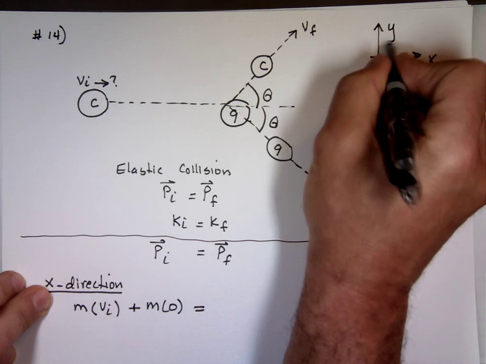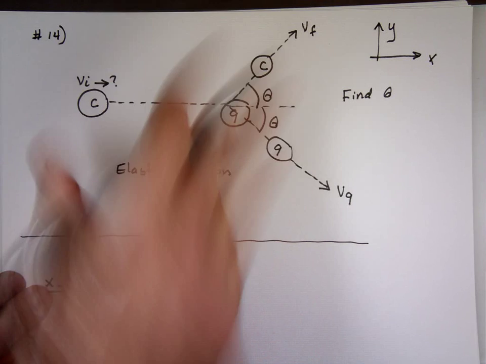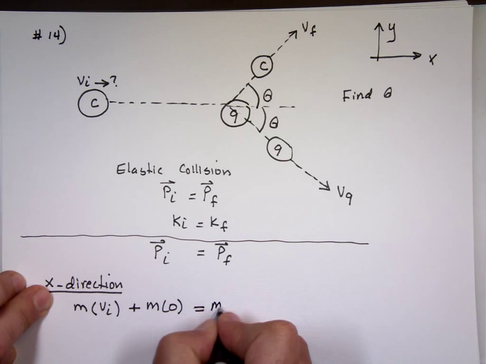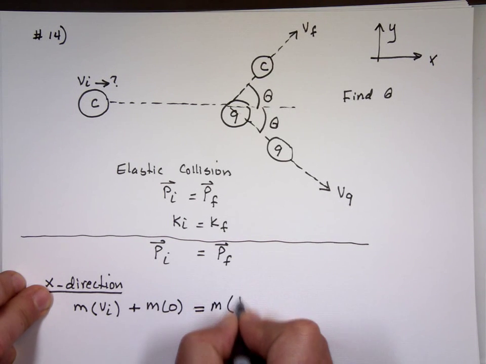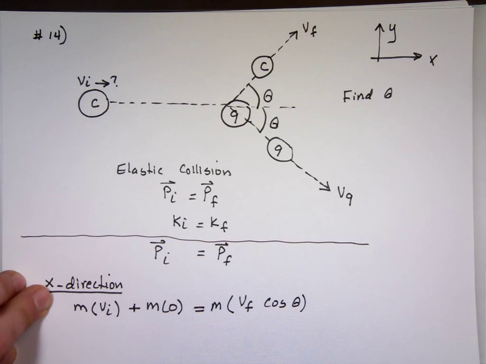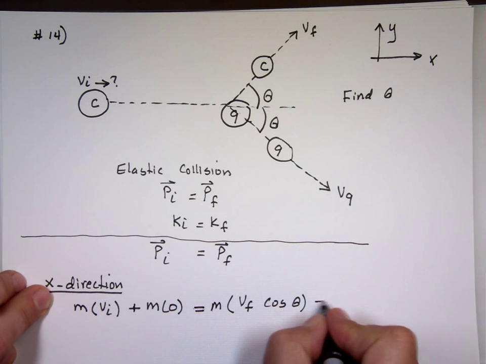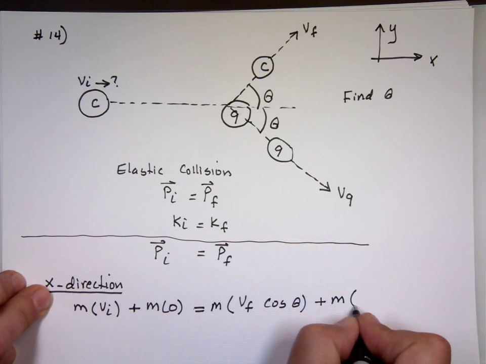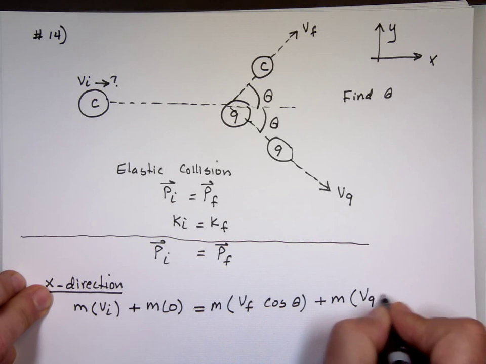The cue went up there, which has an x component of VF cosine theta. And the 9 ball has a mass m and a velocity in the x direction of V9 cosine theta.